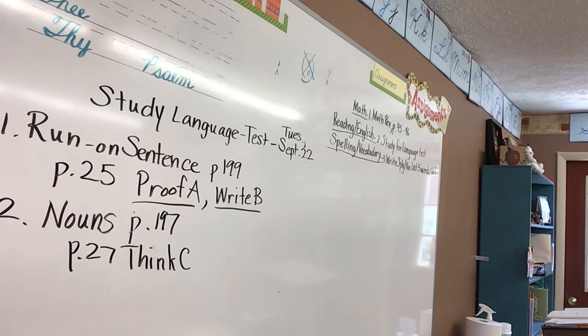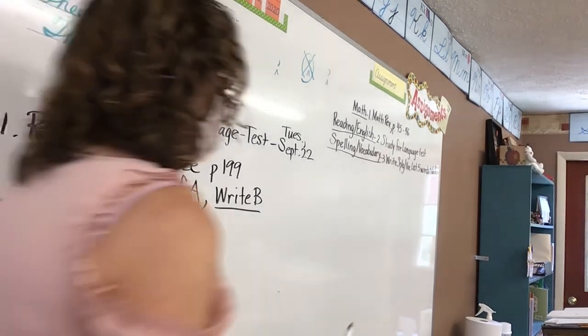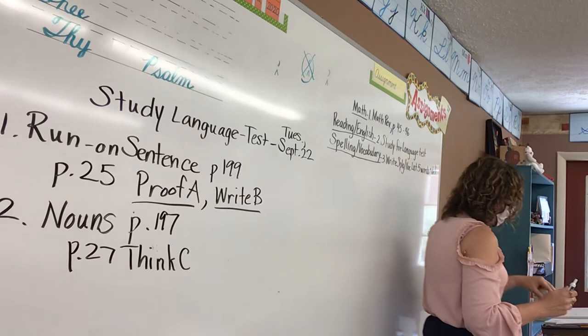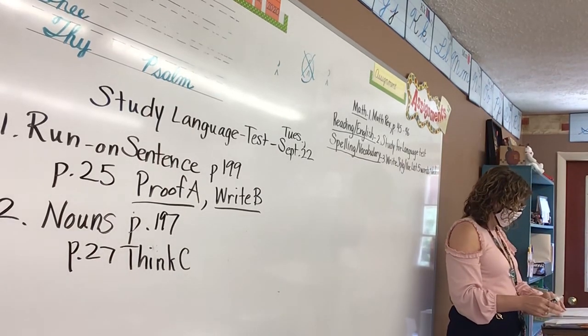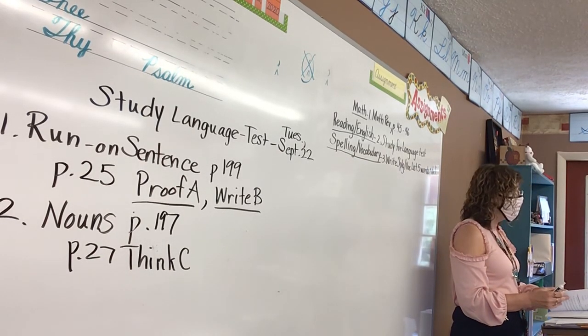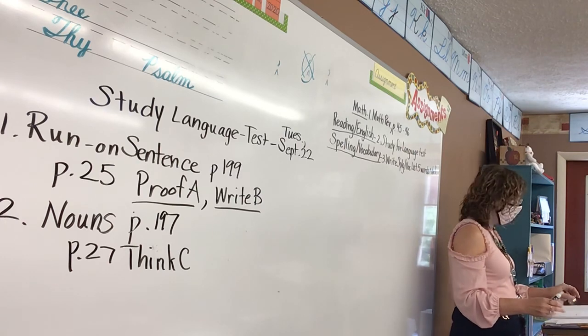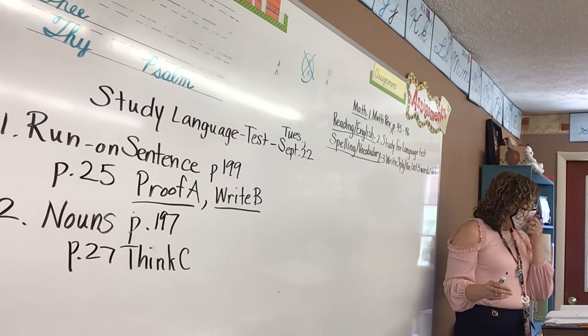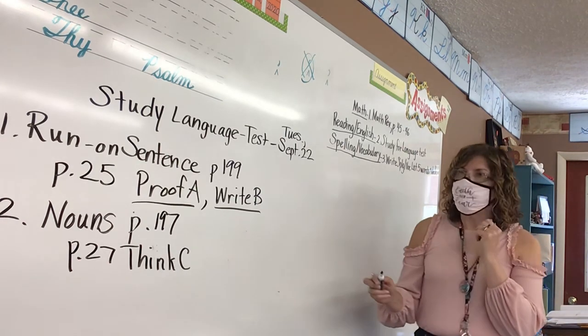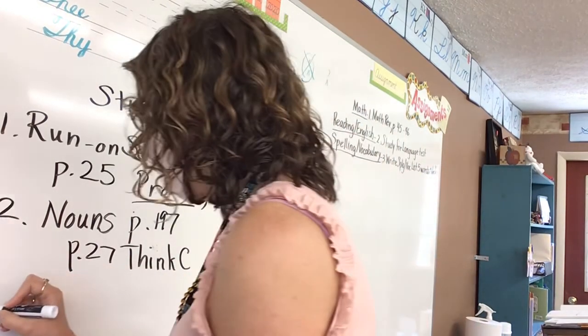What's in that section? The only difference is that it will not be like a paragraph. It will just be numbered sentences, and you'll read them and circle all the nouns. Alright?